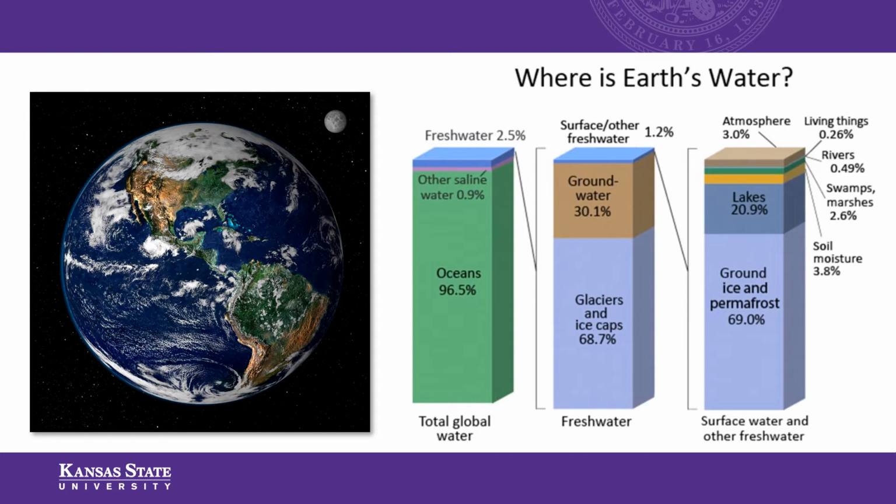In fact, 96.5% of the world's water is in our oceans. And then there's other salt water in other areas, like lakes that happen to be saltwater lakes, etc.